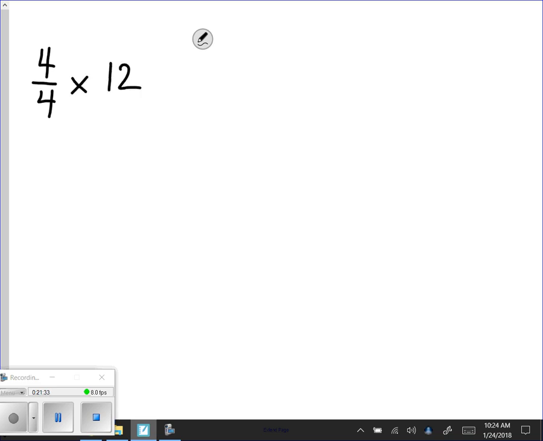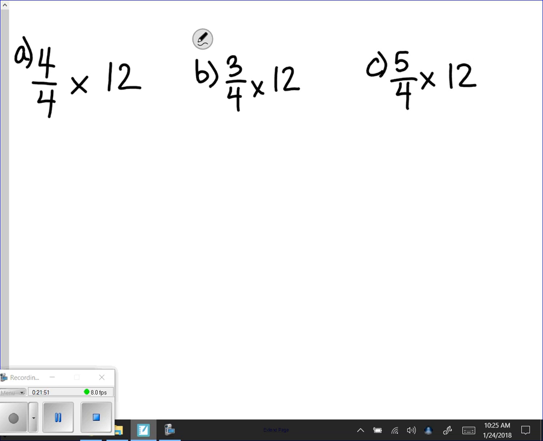So this is A, and we have B, and we have C. Remember, this is like over 1, over 1, over 1. These are not mixed fractions.